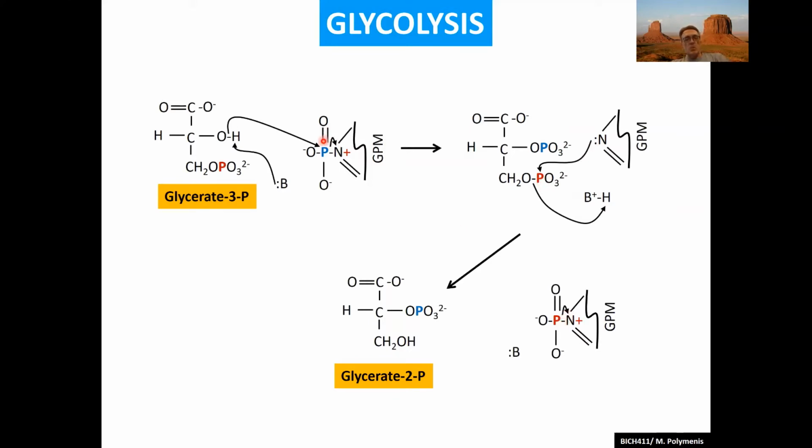So there's an actual swap of phosphates on the enzyme, and you end up with the substrate now becoming a product that's phosphorylated at position 2, shown here in blue. It's actually kind of cool to decipher this mechanism, because you can see how you can label preferentially one or the other phosphate and follow where they end up. So now we've got glycerate 2-phosphate.